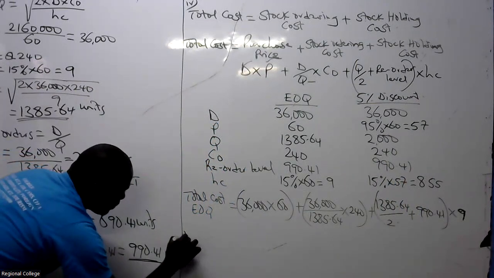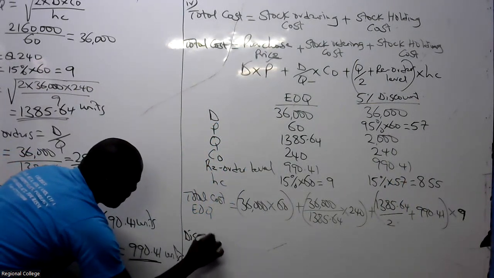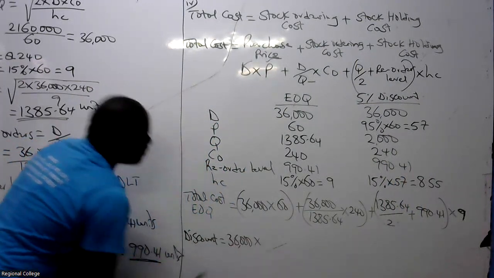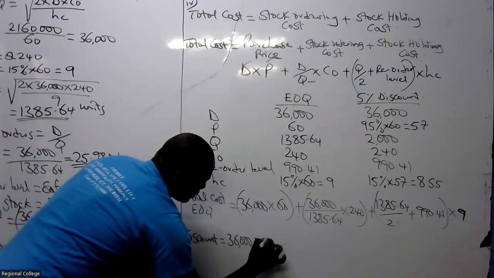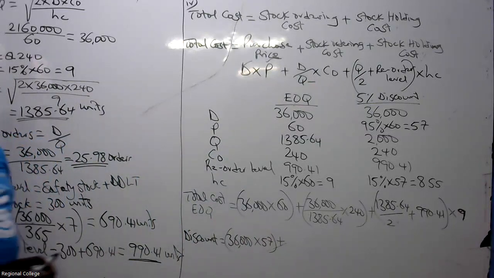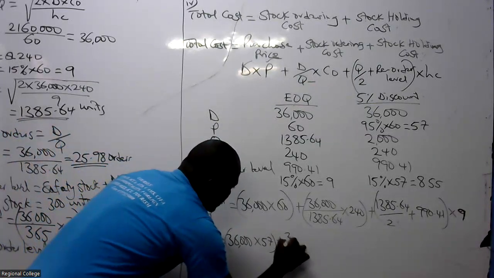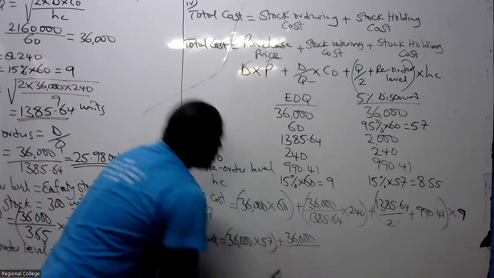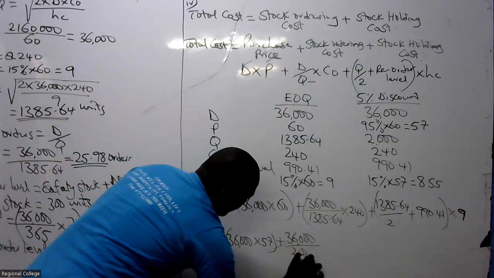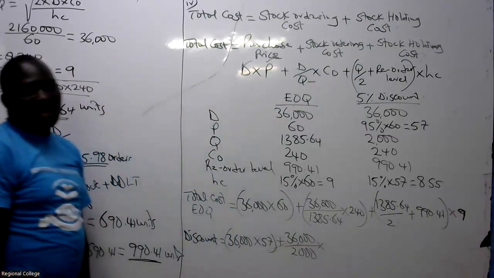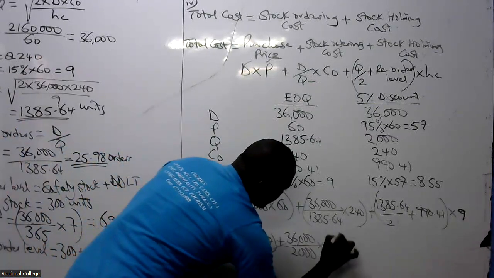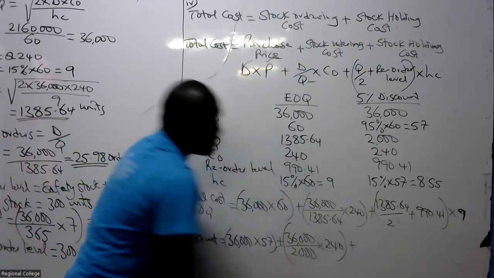What will the total cost for the discount be? Annual demand is 36,000. Cost per unit 57, plus D is 36,000 divided by Q of 2,000, right? CO of 240.